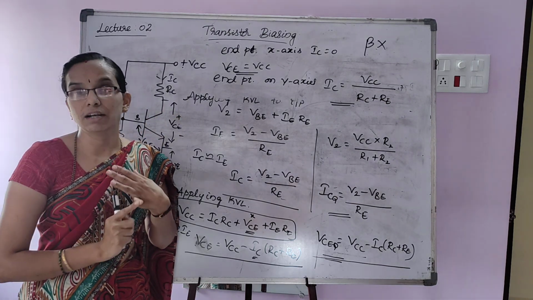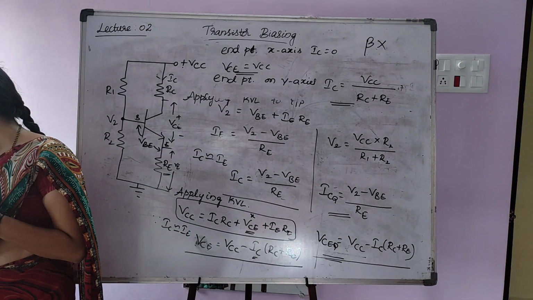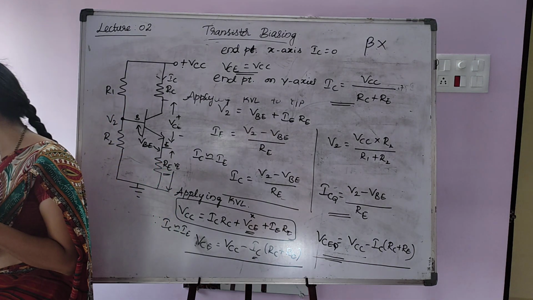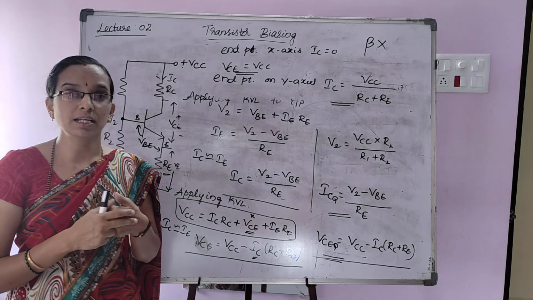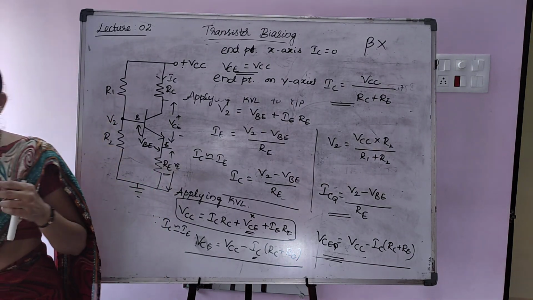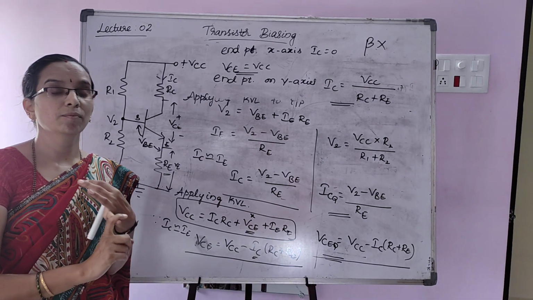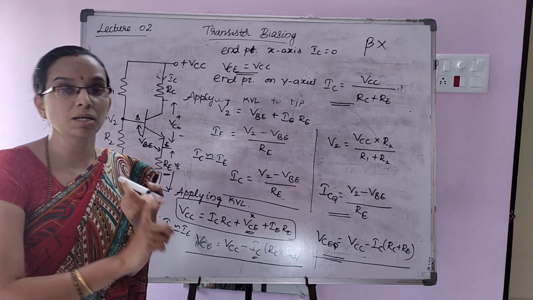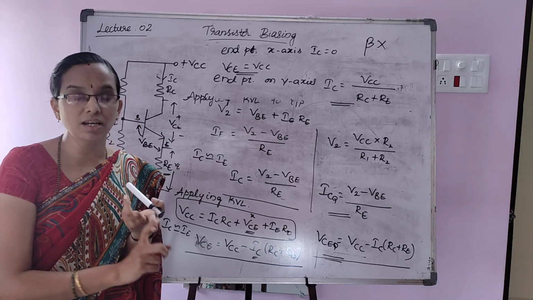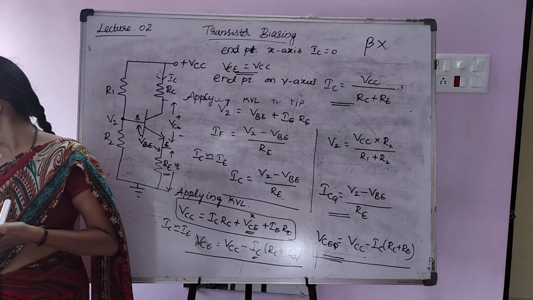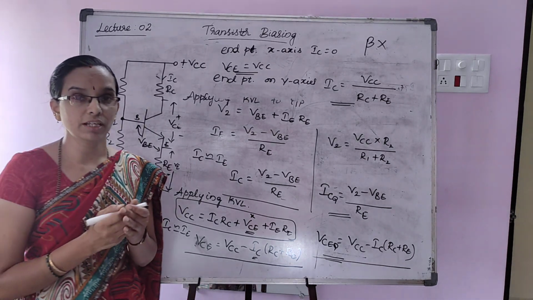The advantage of voltage divider biasing is that the Q point does not shift and it offers excellent stabilization against temperature as well as beta. And this voltage divider bias gives better amplification.